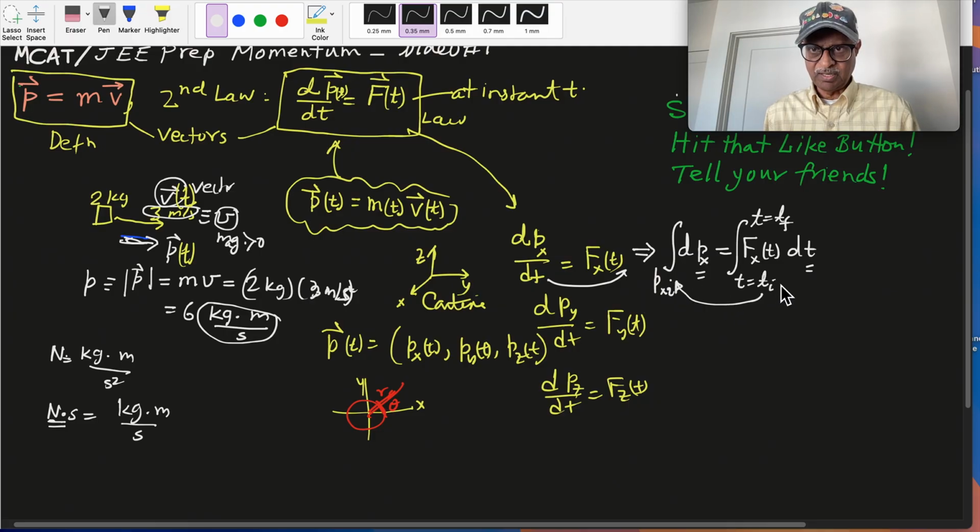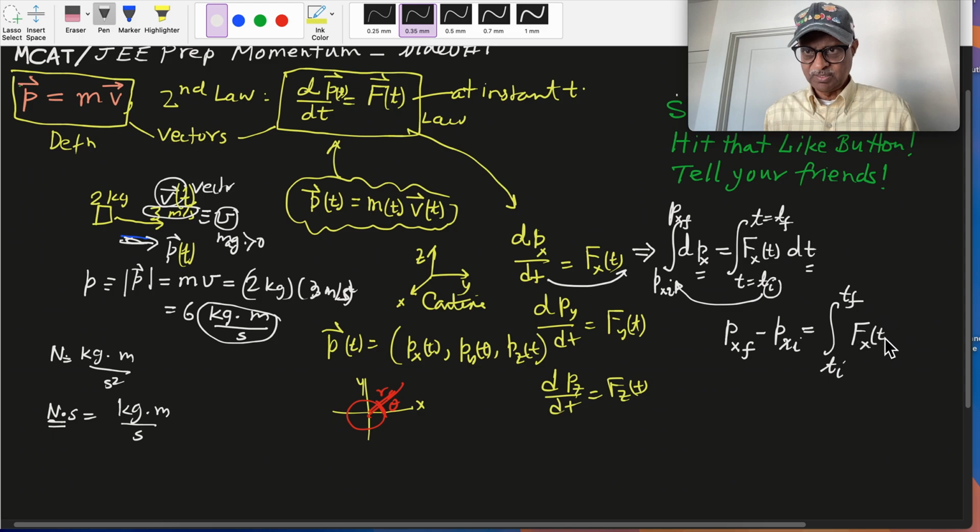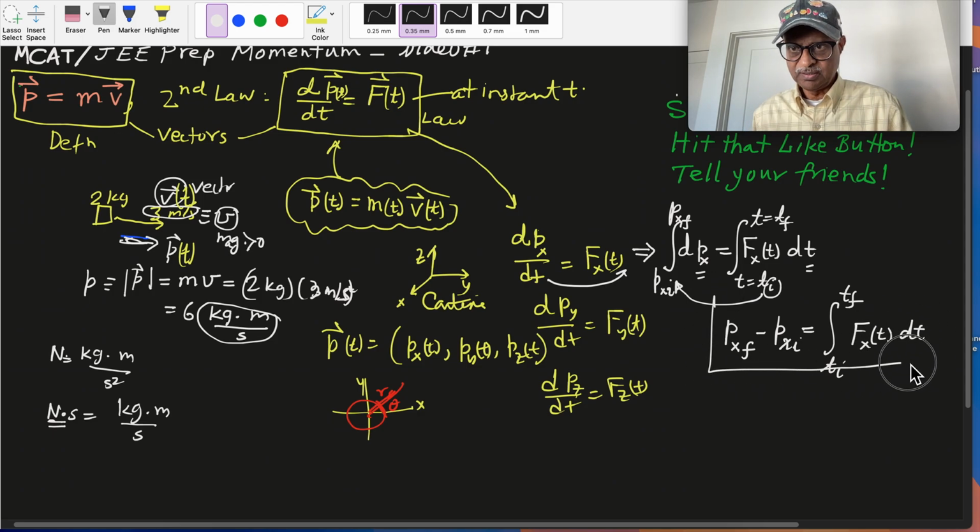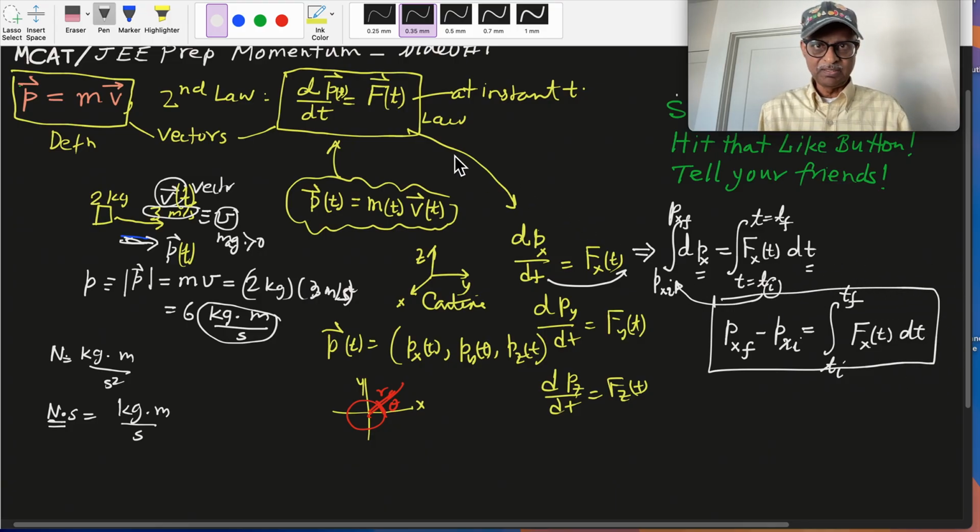Let's call it pxi for the initial, and this one px final. So it's a very easy integral. px final minus px initial on the left side, and on the right side it's just the integral from ti to tf of fx(t) dt.